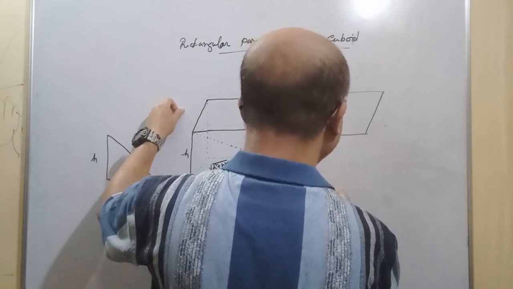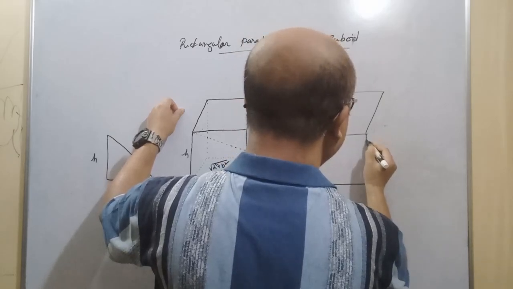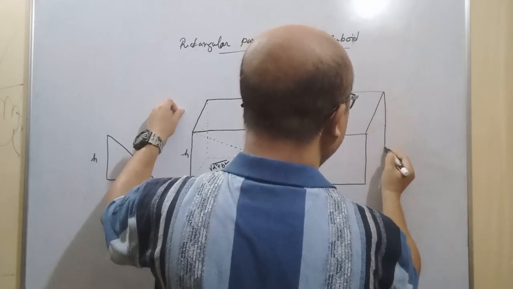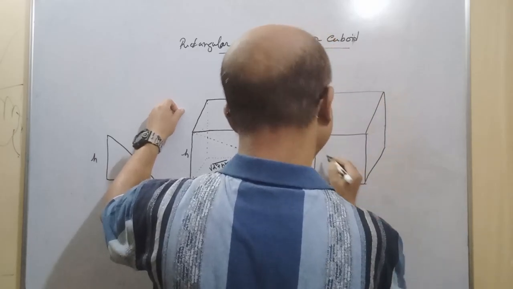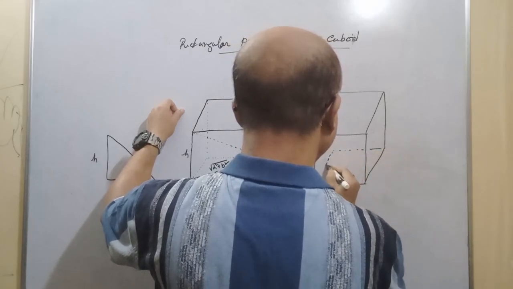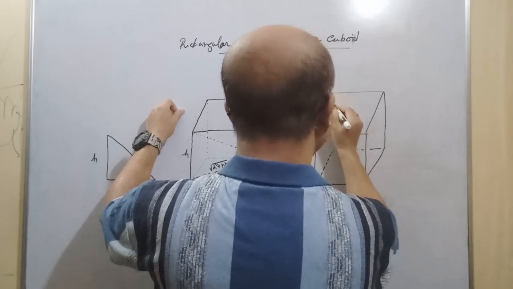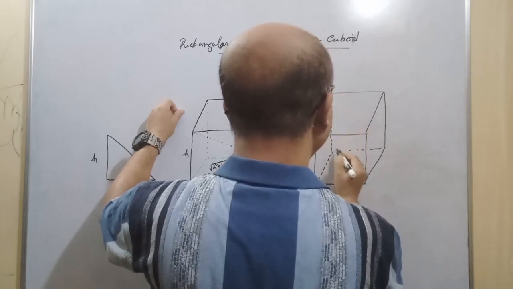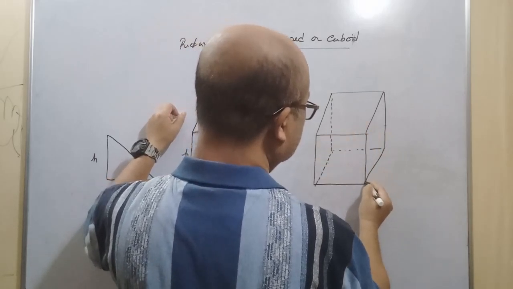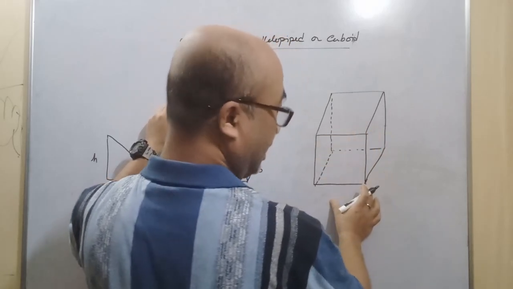You know, in a cube, all three sides are equal in length.